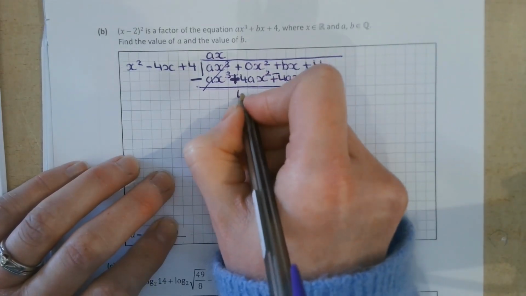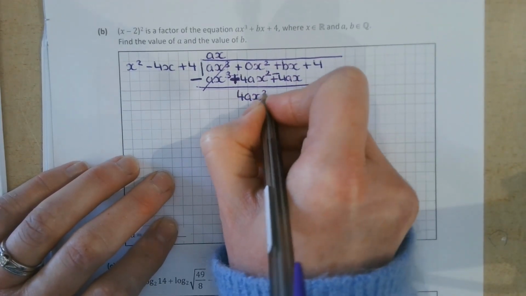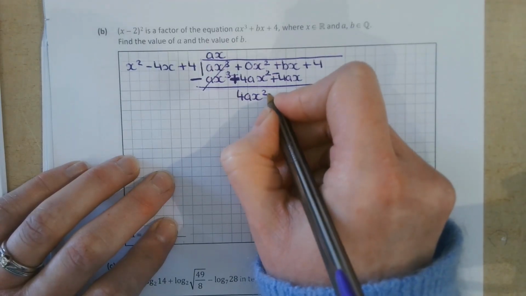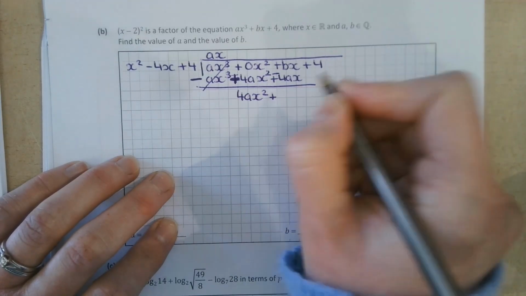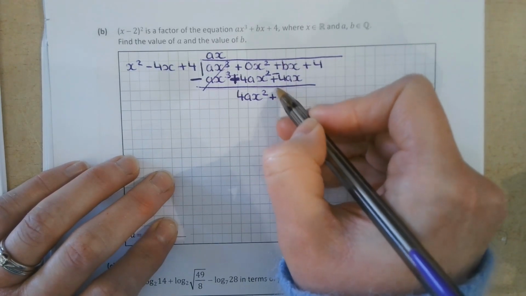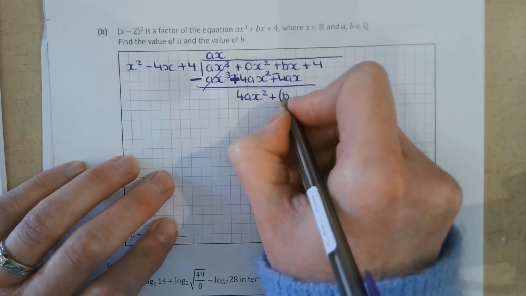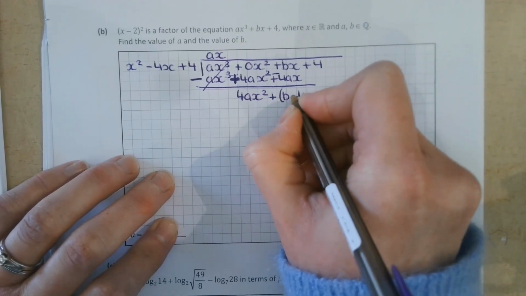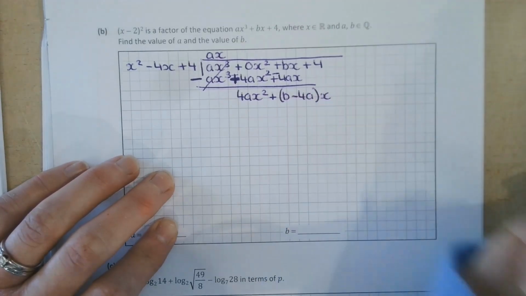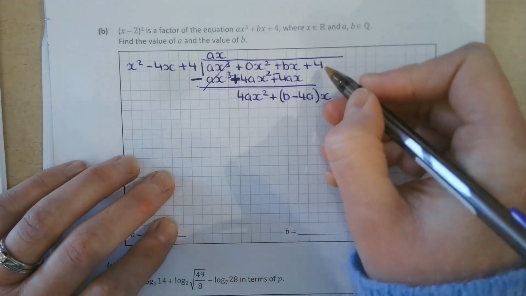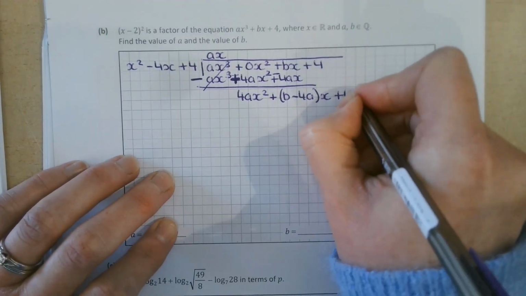So I end up with 4ax squared. Now, because we don't have any terms that we can actually add or take away together, we end up with b minus 4a as the coefficient of x. Hopefully that makes sense. And then we bring down our plus 4.